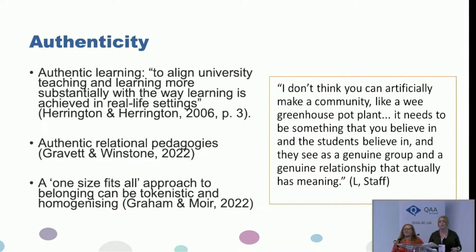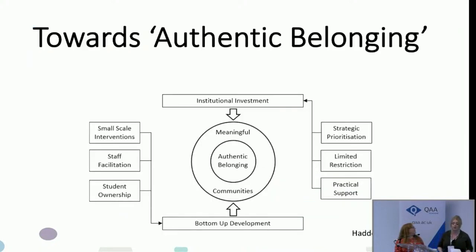Now, Gravitt and Winston talk about this authentic relational pedagogies. They focus a bit more on staff-student relationships and how that works in the context of teaching. But I think it really mirrors the quote here, the idea that belonging has to be achieved and communities have to be formed through meaningful interaction, and that we shouldn't impose a one-size-fits-all, homogenising vision of what belonging is upon our students.